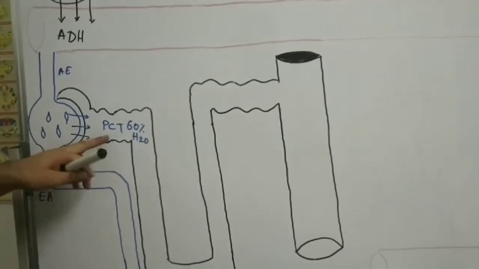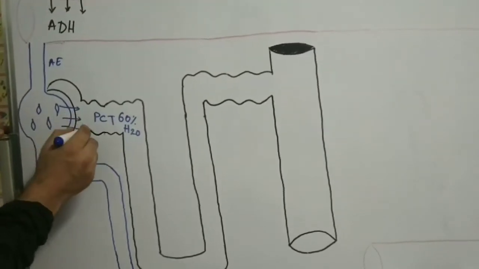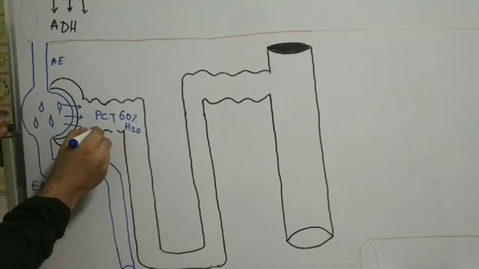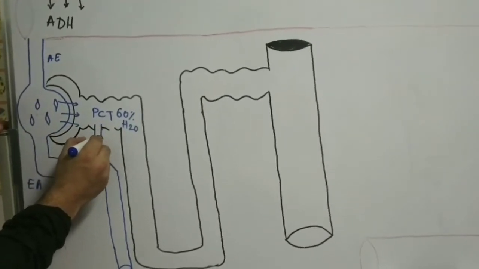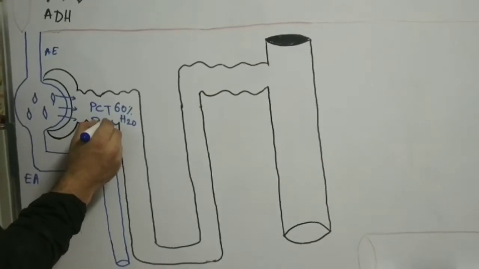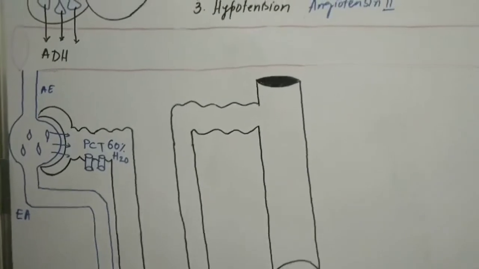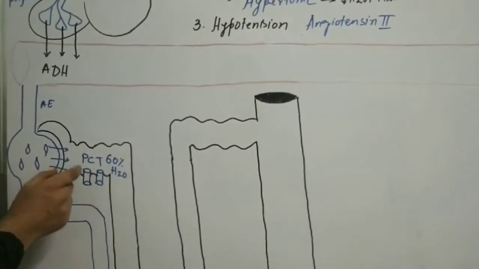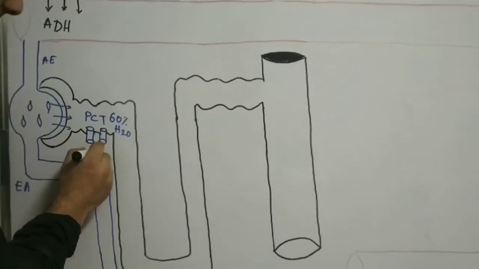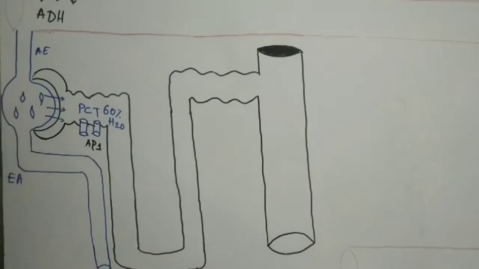Now, you need to remember that in the proximal convoluted tubules there are some water channels. Let me show you here. I have drawn water channels. These water channels are also called aquaporins. Here they are type 1 aquaporins, or aquaporin 1.